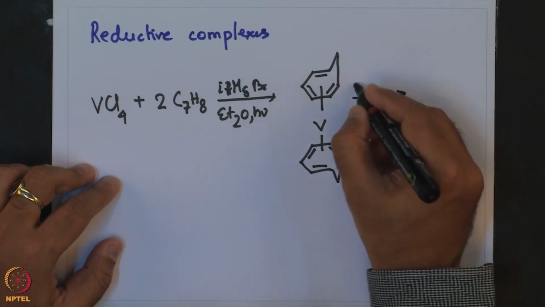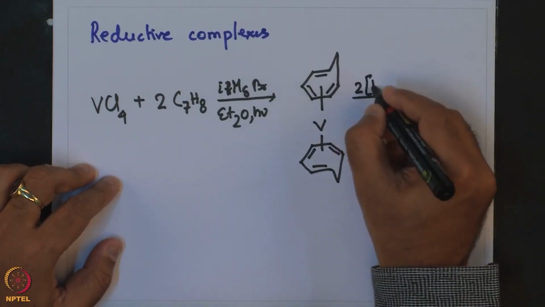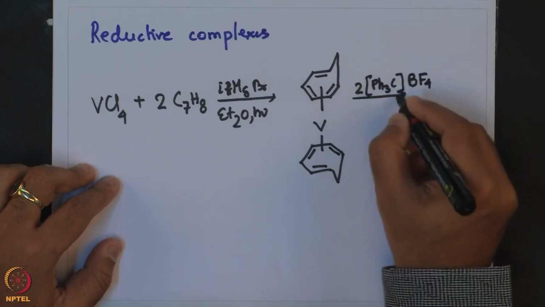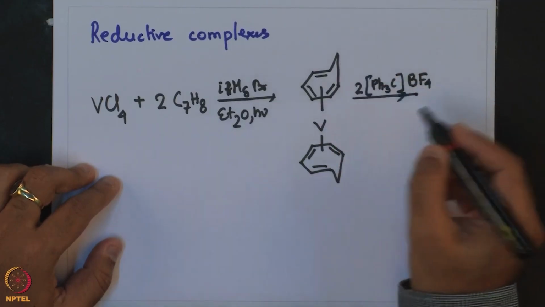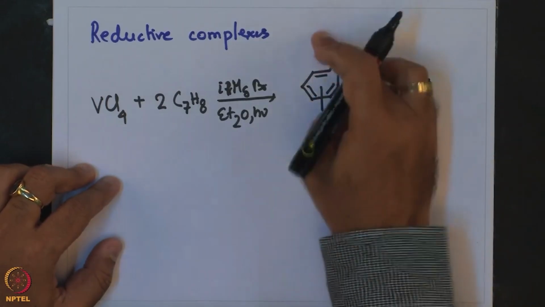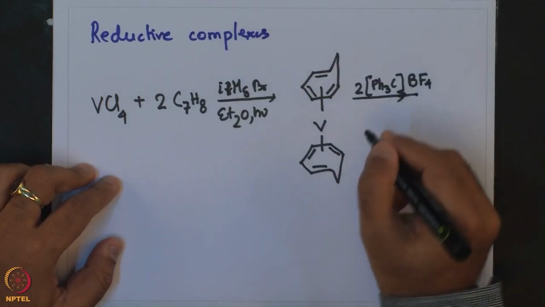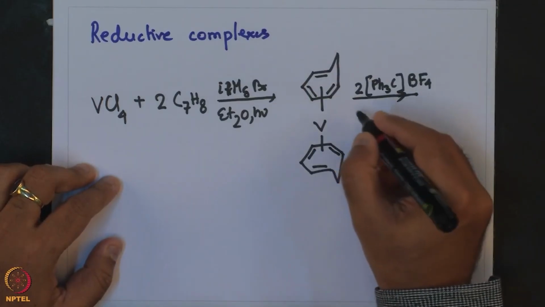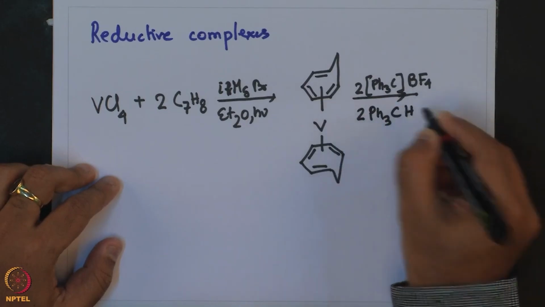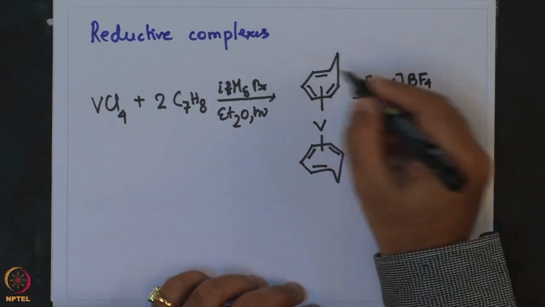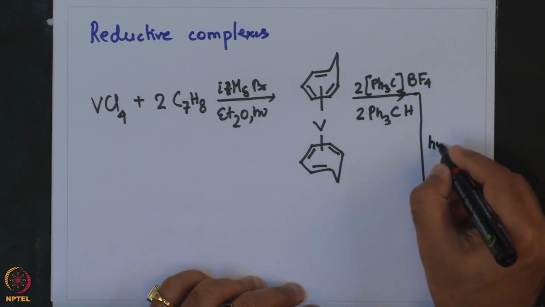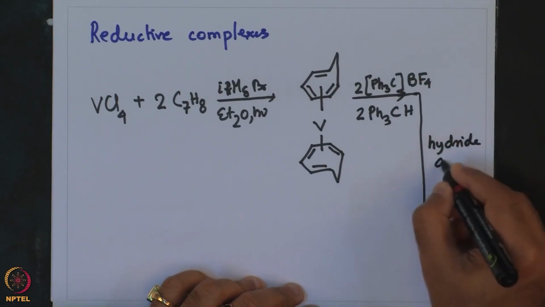which with trityl cation abstracts two hydrides, one from the top ring and the other from the bottom ring, producing 2 triphenyl methane. As a result of this hydride abstraction, this process is called hydride abstraction.